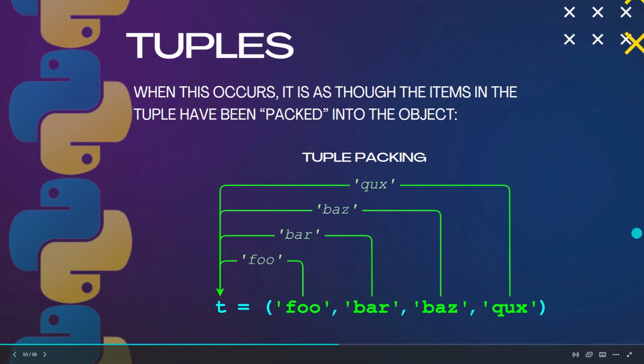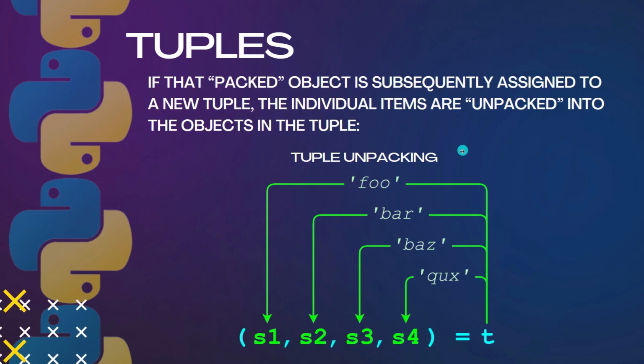So like you can see in this image, the first element is in the object, and the second element, the third element, and the fourth element. Okay. If that packed object is subsequently assigned to a new tuple, the individual items are unpacked into the objects in the tuple. In this image, we can see about this.